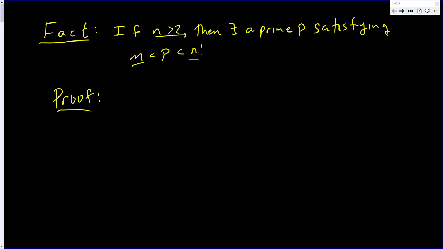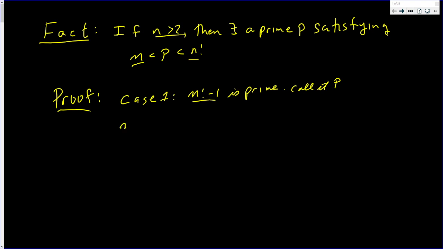Okay, so let's see. I guess there are two cases. Case 1. n factorial minus 1 is prime. Call it p.